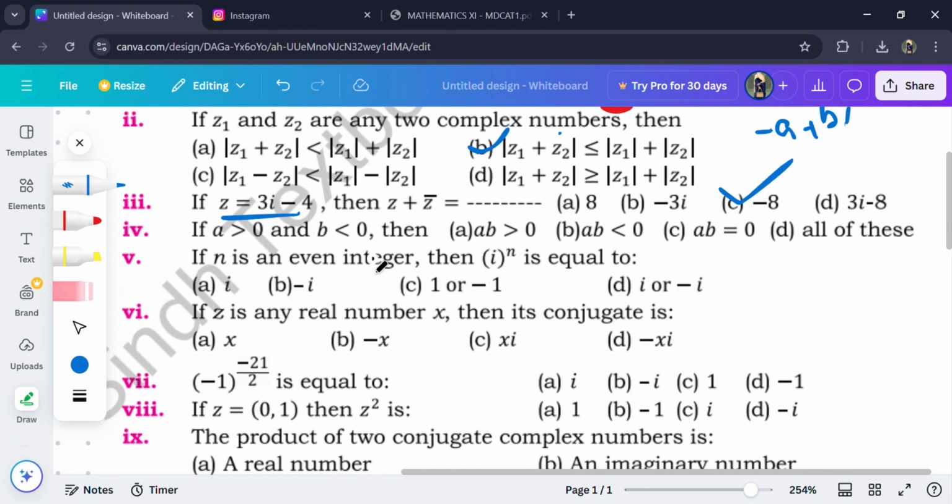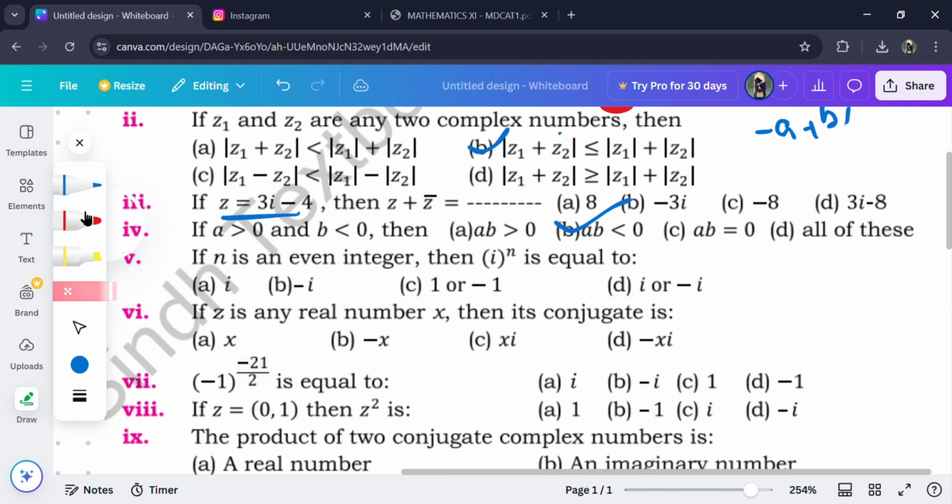First of all, keep this in mind: on the number line, this is 0, A exists somewhere on the positive side, and B exists somewhere on the negative side. Whenever we take the product of both, like minus 2 multiplied by 2, our answer would be minus 4. So the product of both would always be less than 0.